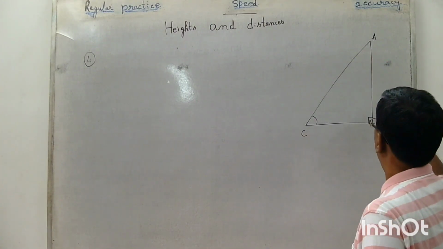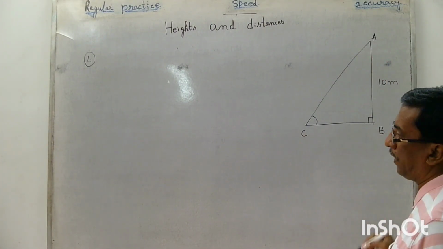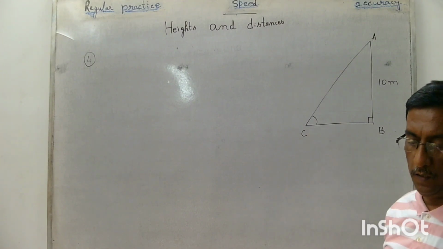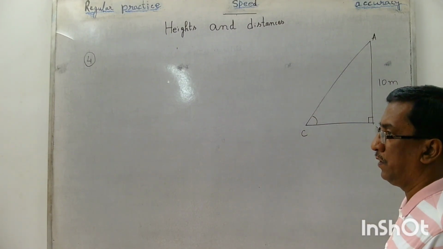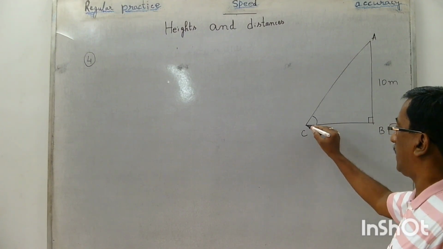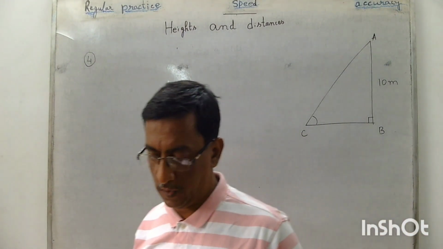This is an electric pole which is 10 meter height. Now this is a wire which is tied, attached to the ground.